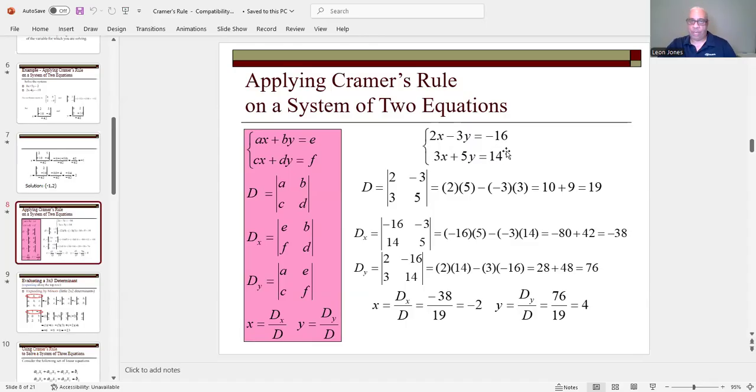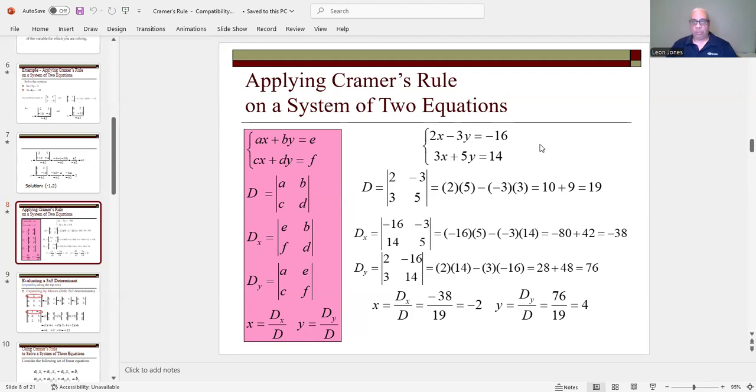Well, we don't have any of that. And also, with a 2 and a 3, without the matrix, I'd have to multiply by 3 and -2. It's going to give me different values. But with Cramer's rule, you don't have to do any of that.